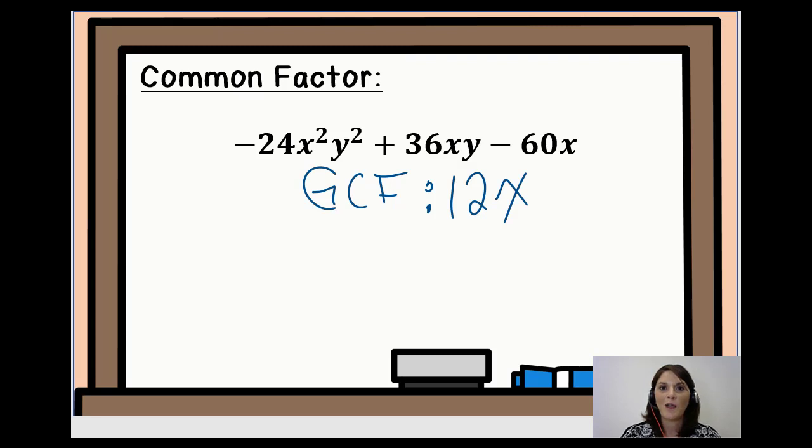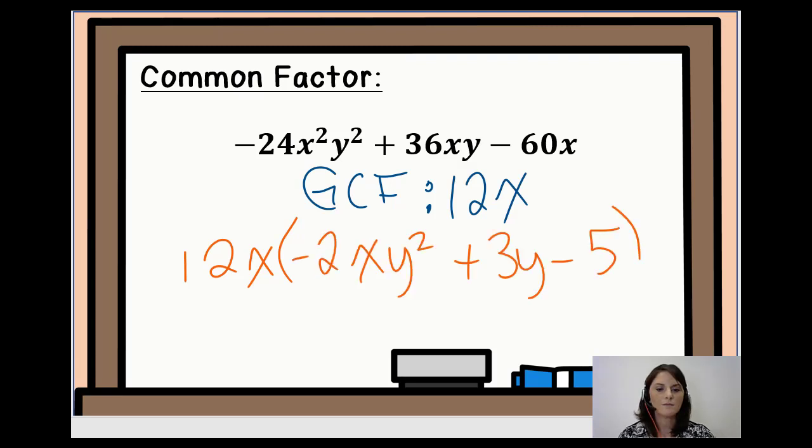Great job. Okay, so let's go ahead and common factor. Okay, so 12x times (-2xy squared plus 3y subtract 5) is our common factor.